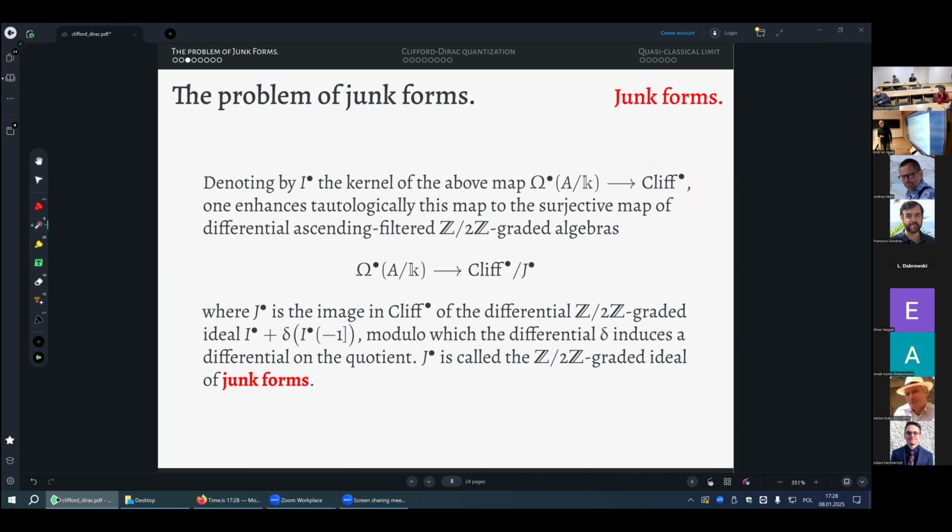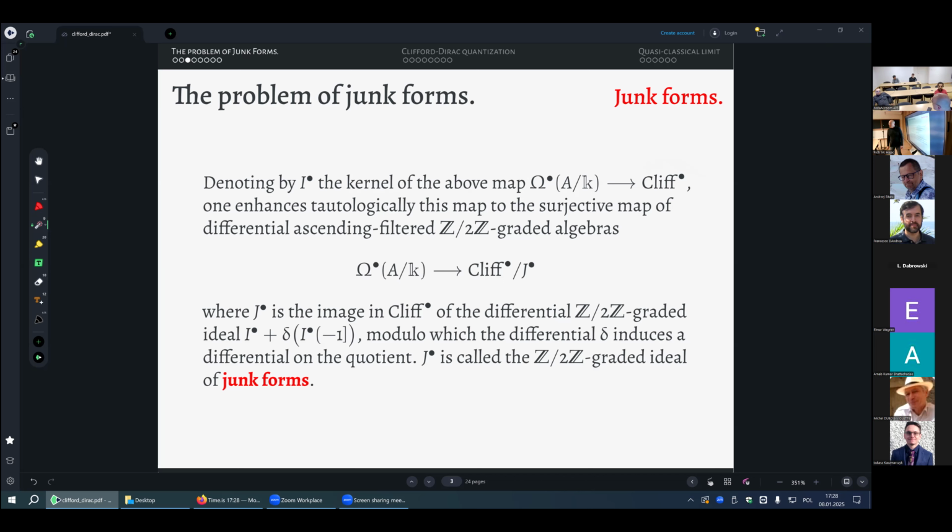But it turns out that there are some elements in this universal differential calculus which are in the kernel of this map, whose universal differentials go to something non-zero.